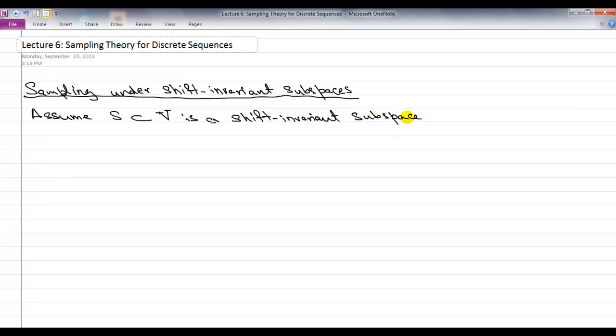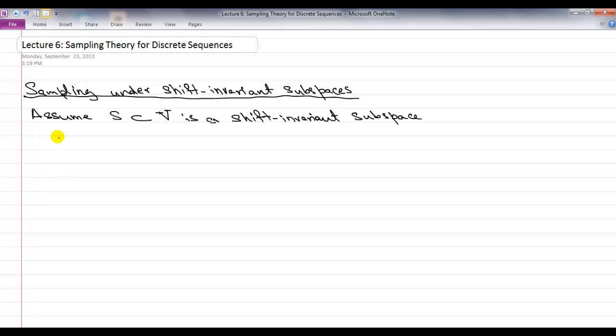The examples of this are the class of band-limited signals, the class of piecewise constant signals, or the class of splines, which is part of a question in your assignment.